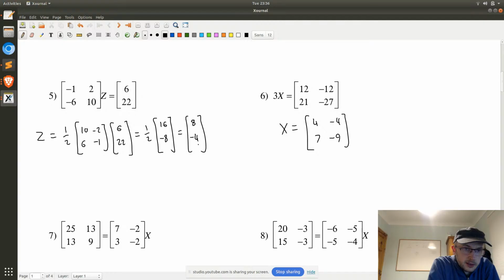Why can I not see it? 36 minus 22. 36 minus 22. Oh, yes, that's it. That's it. 36 minus 22, which is 14. And half of 14 is 7. So that's it.